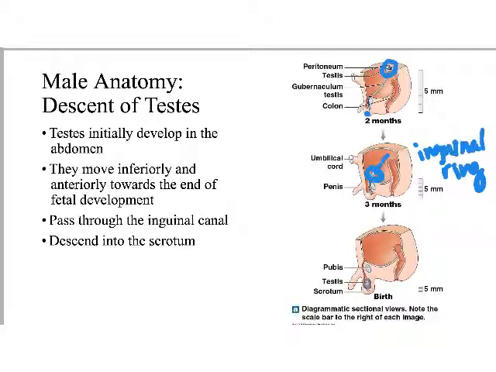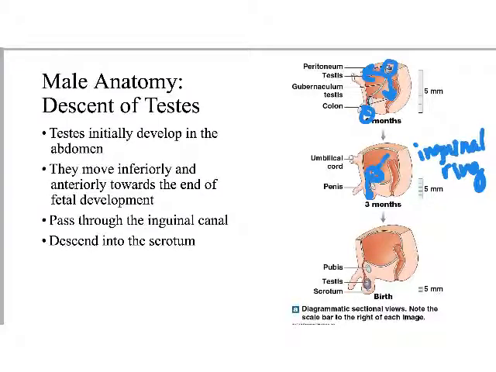So that's how it leaves the inside of the abdomen and moves out. And then once it goes into that ring, there's a little tunnel that the testicle can then descend into the scrotum, and that's where it will stay. So you can see that the testicle is moving both inferior and anterior in order to get to the scrotum.